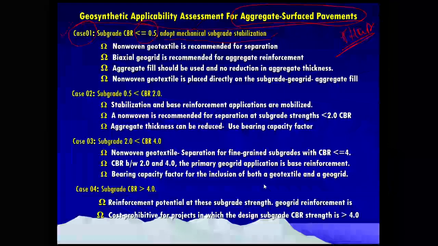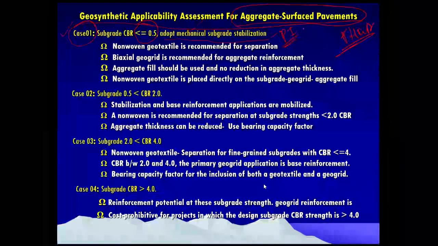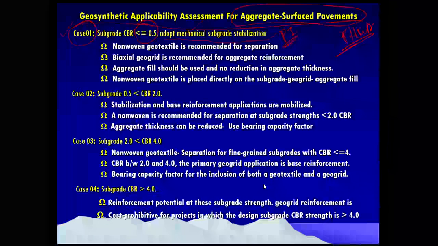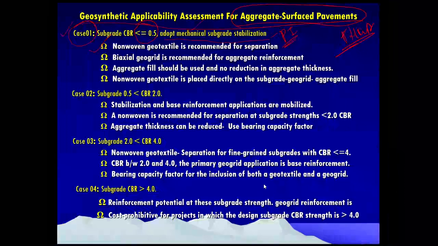In addition to adopting the mechanical stabilization, where we are trying to improve the PI properties, they recommend, based upon a wide variety of research, that a non-woven geotextile be put in for a separation purpose. A biaxial geogrid is recommended for aggregate reinforcement. Aggregate fill should be used with no reduction in the aggregate thickness.